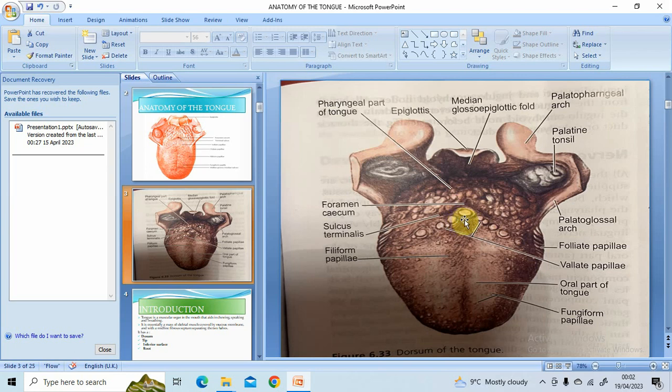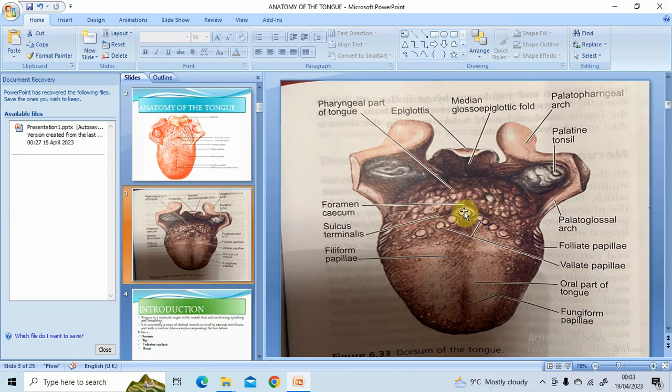You can see the apex is pointing backwards, towards a shallow groove I call the sulcus terminalis. This vallate papilla is conical in shape, with a surrounding sulcus around each of the conical vallate papillae.